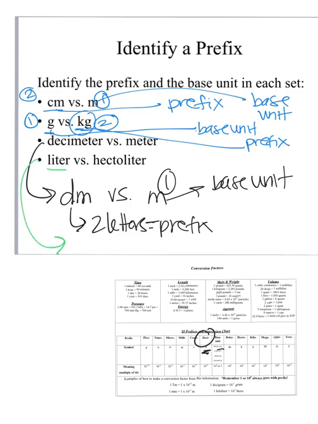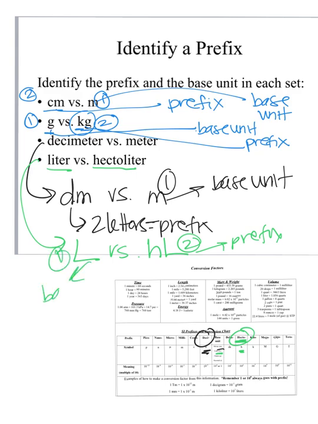We have liter, L, versus hectoliter. If we look here, hecto, that's definitely a prefix. You're going to use a little h, so hectoliter. Here you have 2 letters, so that must be the prefix, and this is just 1 letter, so this is the base unit. That's important so we can make our equalities.